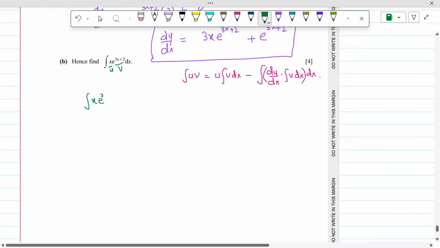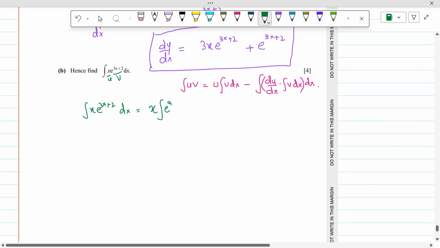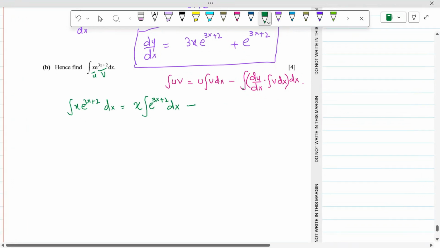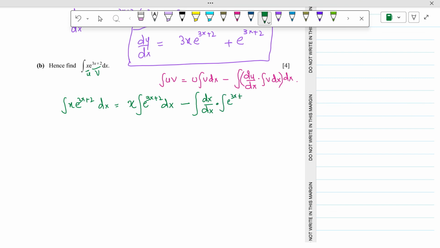So the integration of x exponential of 3x plus 2 with respect to x is equal to u, which is x, times the integration of the exponential term, which is v, minus the integration of the derivative of u, meaning the derivative of x with respect to x, times the integration of v, meaning exponential of 3x plus 2 with respect to x, and then the whole integration.